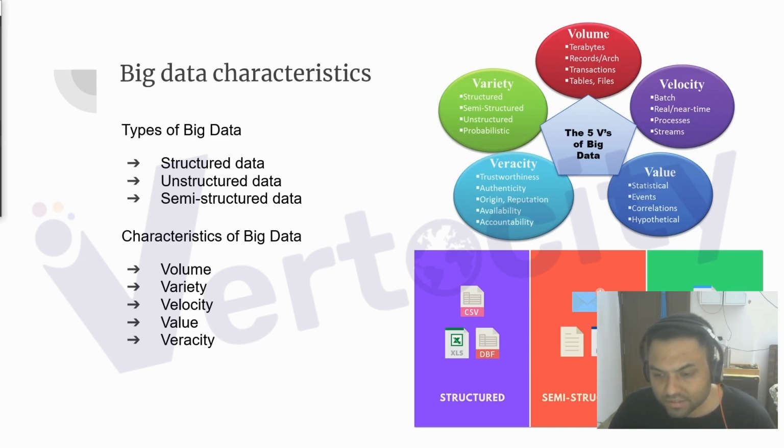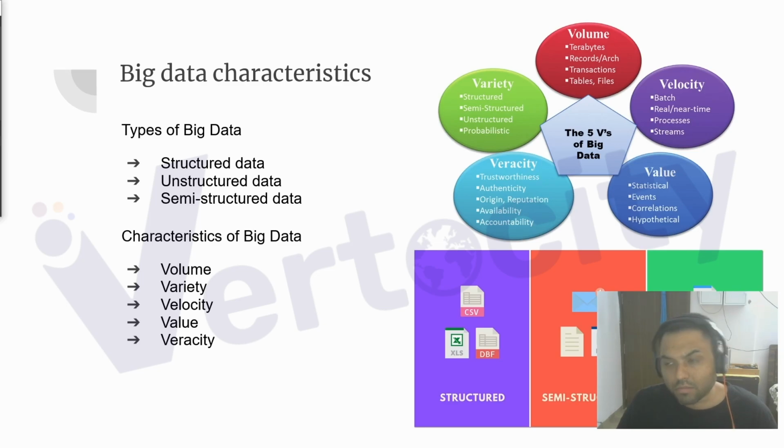Last but not the least, the most important point about any kind of data is to understand the trustworthiness of the data, the authenticity of the data, and how good is the data that is captured by a particular system.